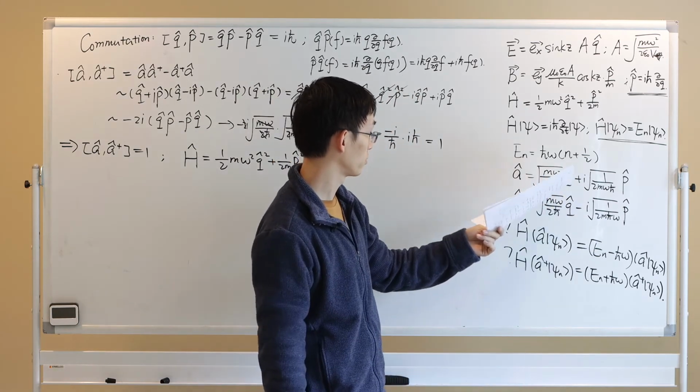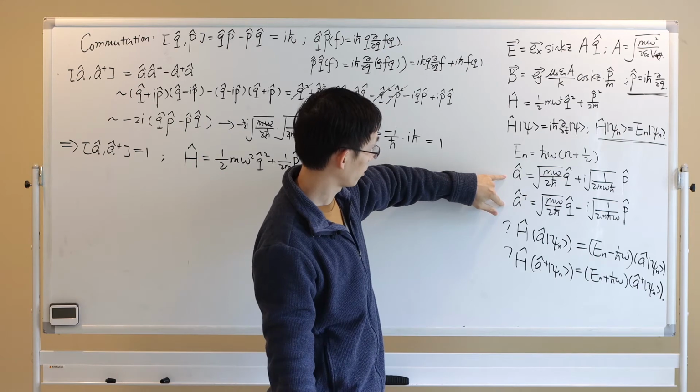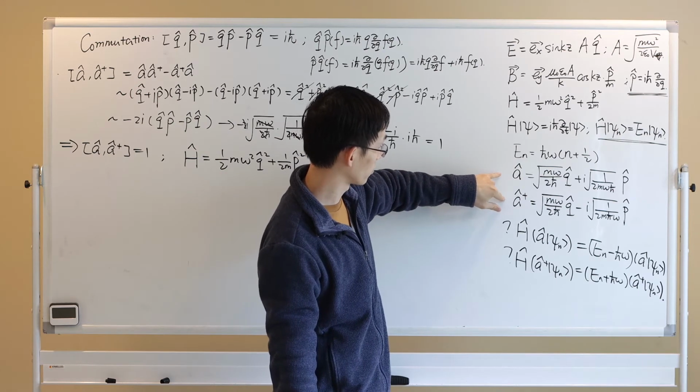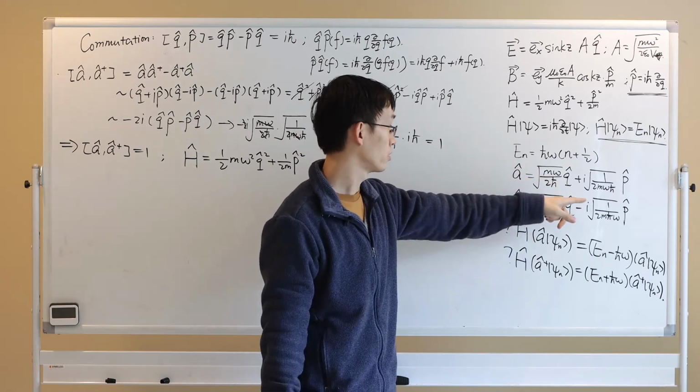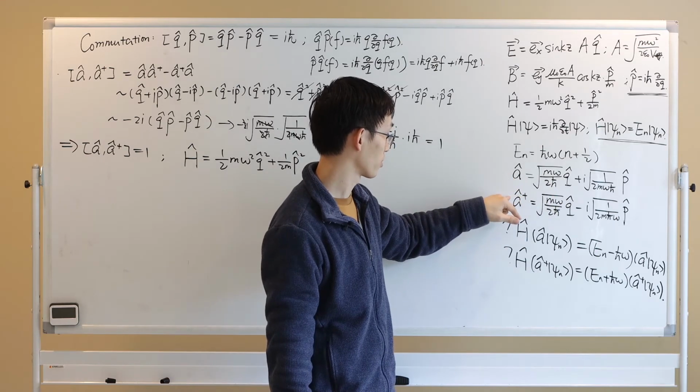You add those two equations, you get a relation between A and Q, and then you get Q expressed with A and A dagger.